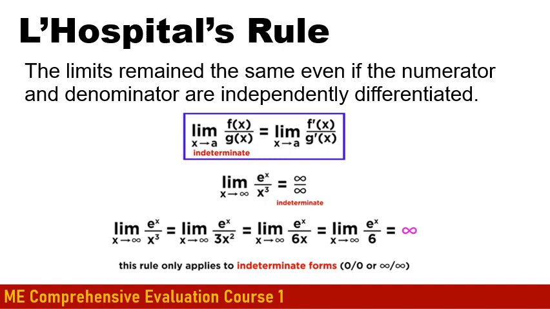So this rule applies to indeterminate forms. The indeterminate forms are those values that will give us an infinite or a value that is not defined, like 0 over 0 and infinity over infinity.